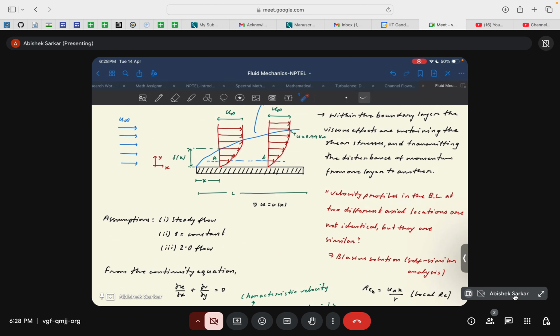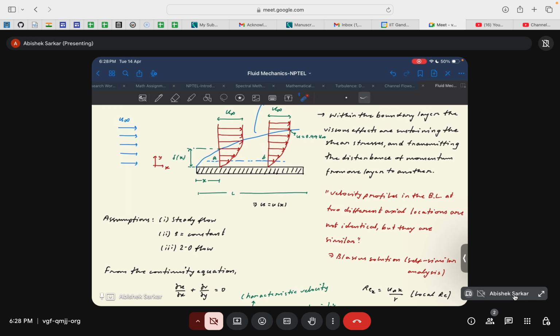As we go along the length of the plate, your Reynolds number will continuously go on increasing, and your boundary layer thickness will also go on increasing, because these are continuously developing flows. There is no scope of these kinds of flows becoming fully developed. So this is a very important point to take away, that these kinds of flows are not fully developed flows, but continuously developing flows.